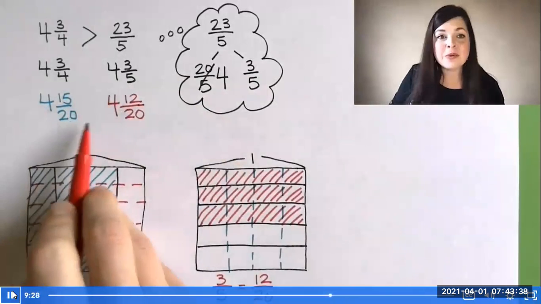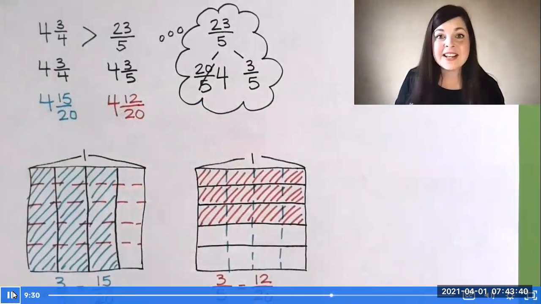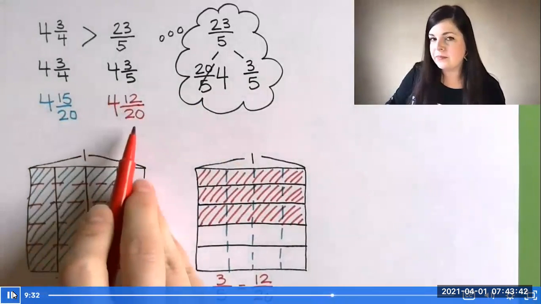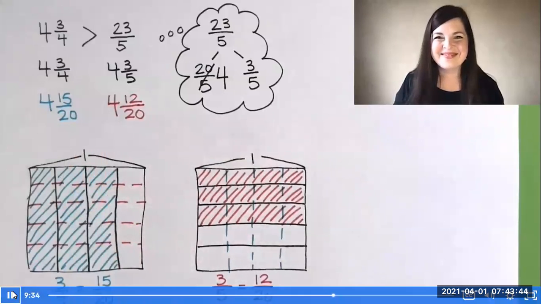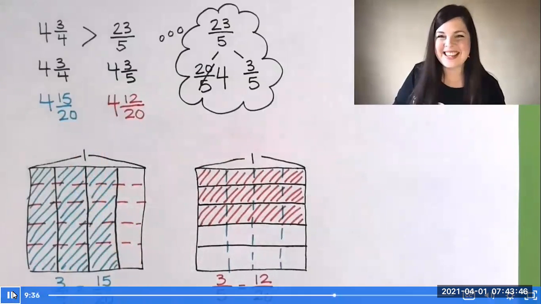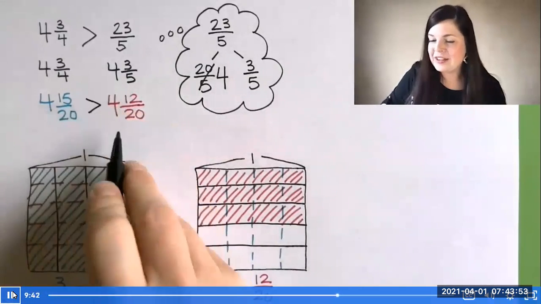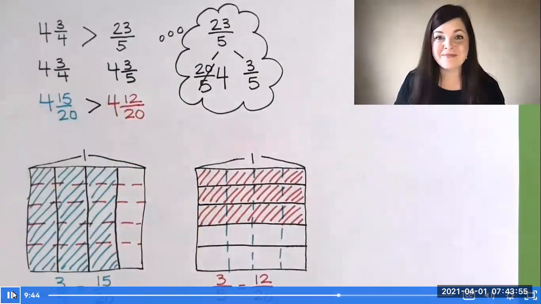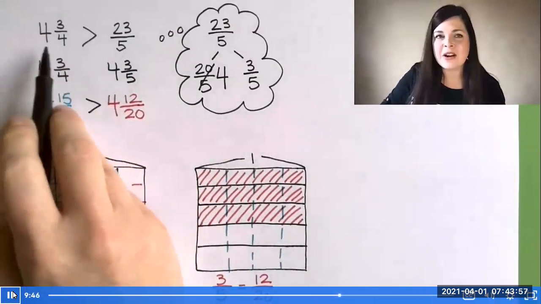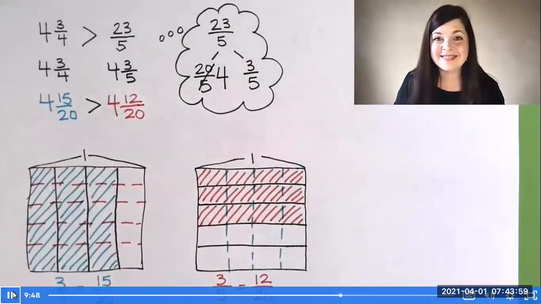So think about how we would read this comparison from left to right, just like we would read a book. Read the comparison and say the answer. 4 15 20ths is greater than 4 12 20ths. So what does that tell us about our original comparison?